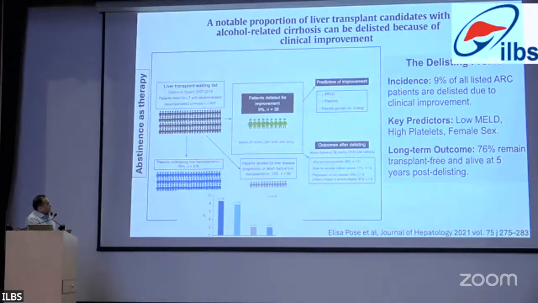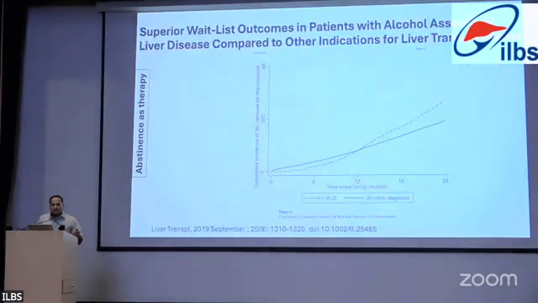The predictors were low MELD and long-term abstinence. Out of those patients who become compensated on the waiting list, 75% remain transplant-free and alive at the end of even 5 years. So once they achieve this compensated state, they live long once the etiology is not there. And usually this happens after 12 months of abstinence.